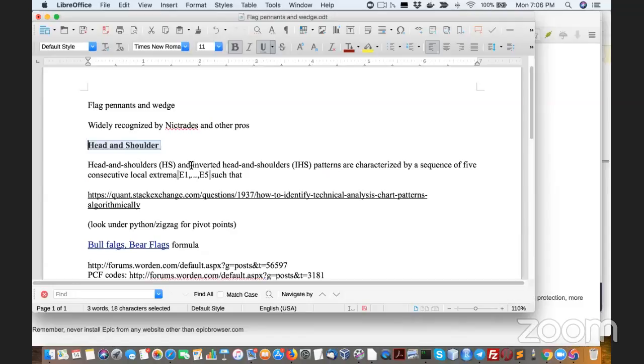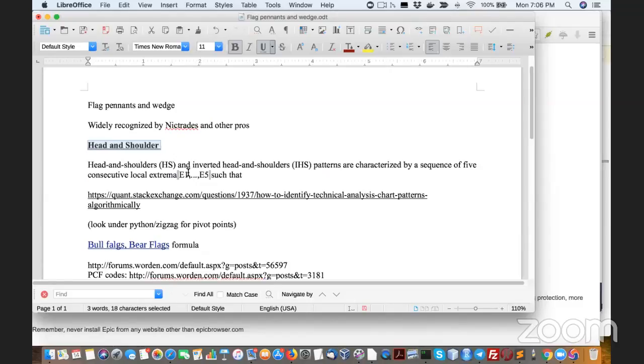But when you add in, or I should say layer in, these additional patterns, it can help filter out those very bad trades. So we're going to look for a variety of different patterns that can be used historically to be able to pinpoint proper entries in the market.